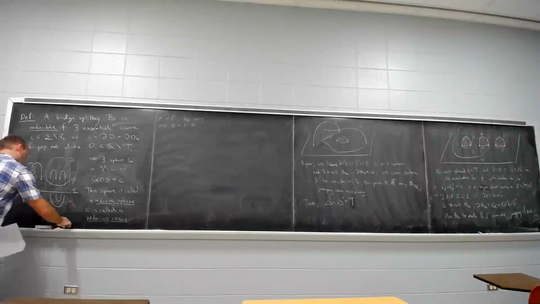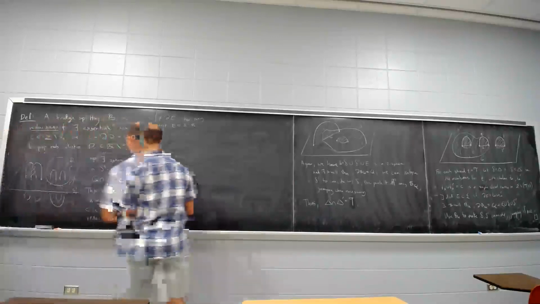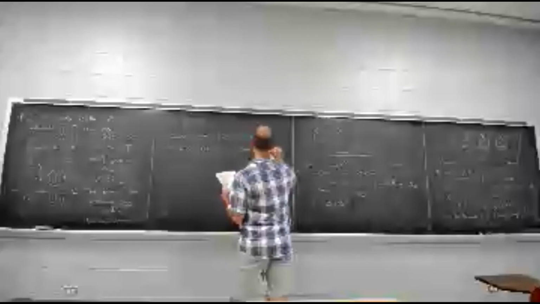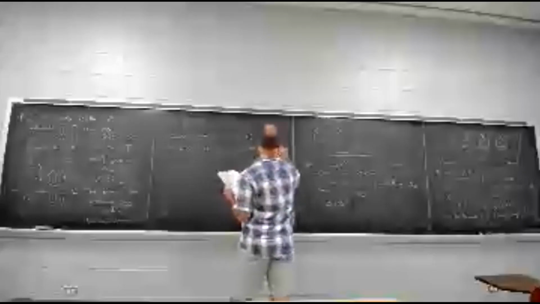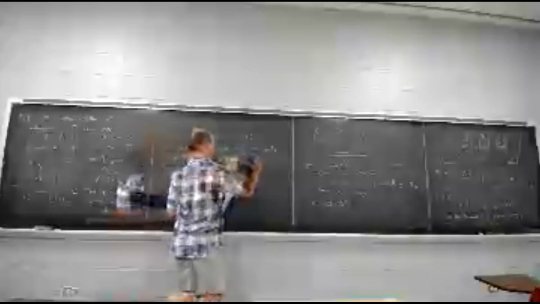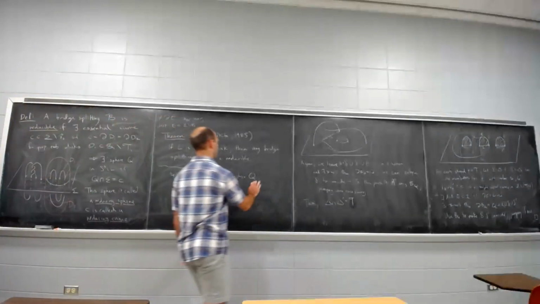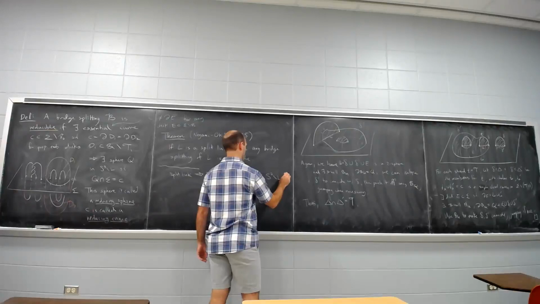Okay, so when do reducing curves and spheres exist? Well, we have this nice theorem which says that if the bridge surface separates the components of the link, then there exists a splitting sphere in S3 minus L. Okay.